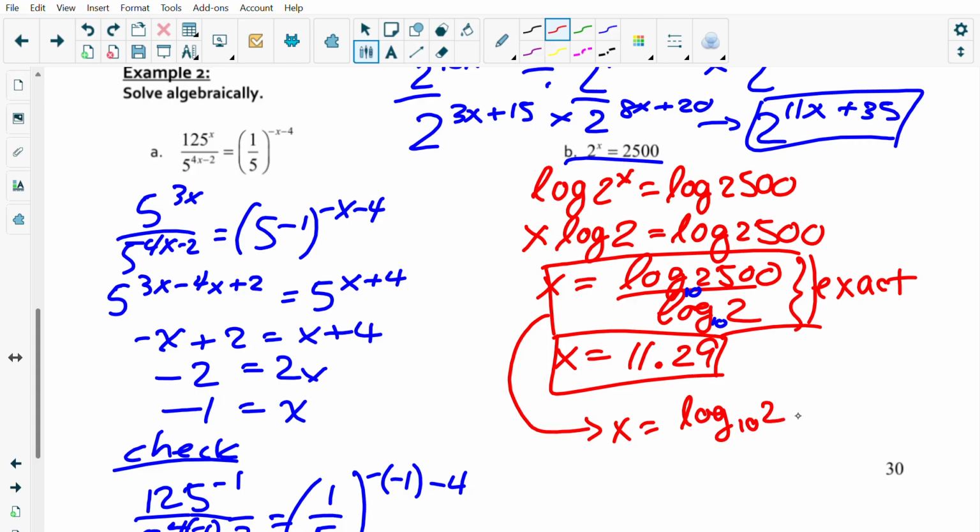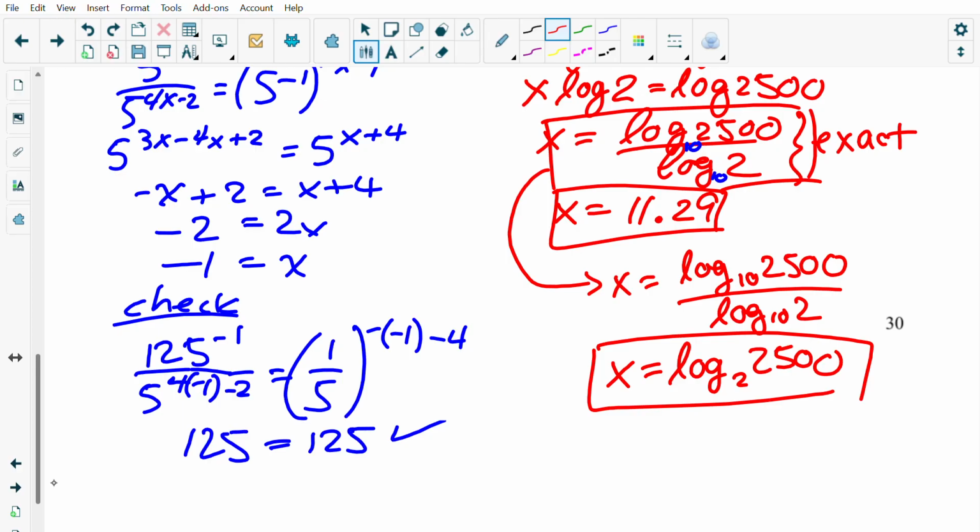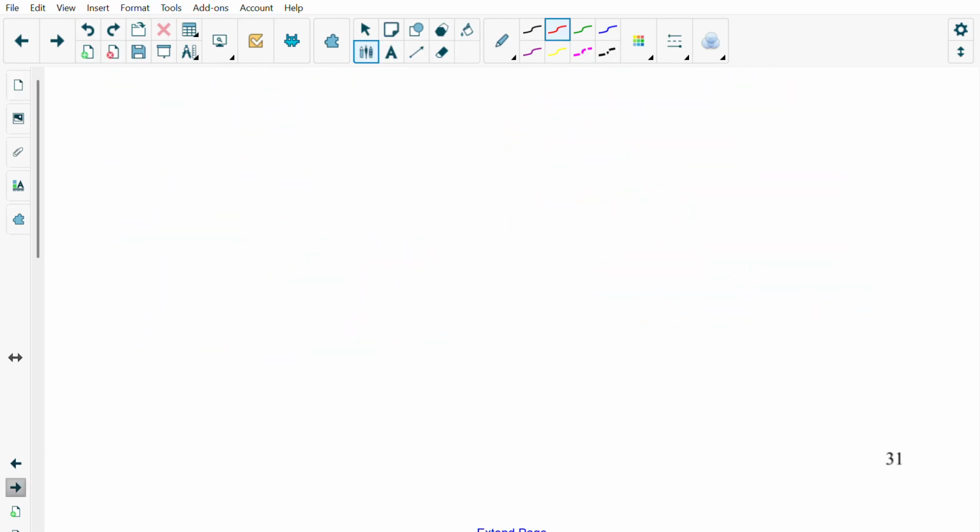So I have x equals log base 10 of 2,500 over log base 10 of 2, as a single log. That's x equals log, now the base is 2, and the argument is 2,500. Then you can check that on your calculator. It works. All right. Next page.